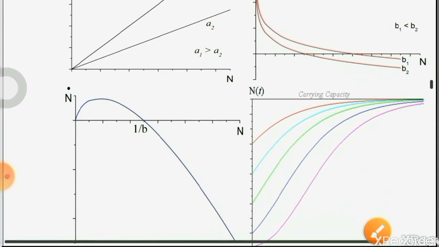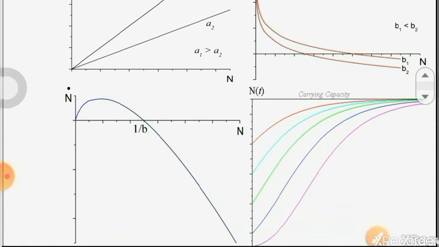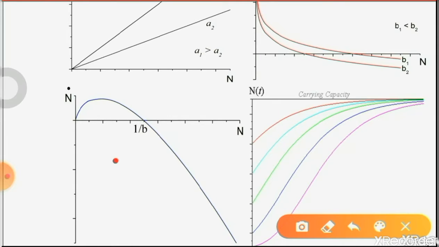So, here in the vector field we see two fixed points. Here n dot has a value of 0, and here also n dot is 0. Thus, these are the two fixed points. One is at a phase point of n is equal to 0, and here n is equal to 1 by b. These are the two fixed points.